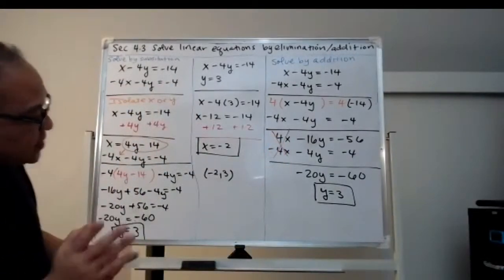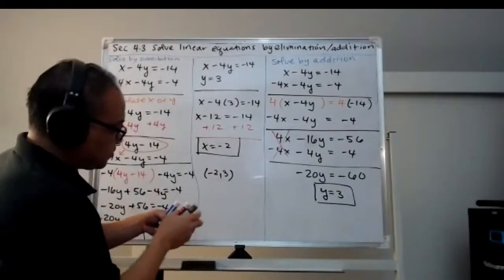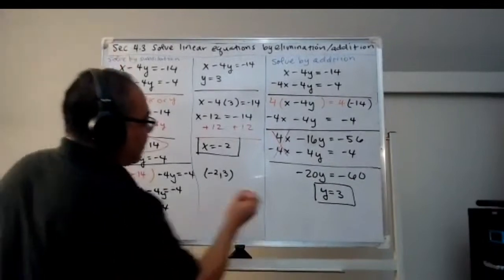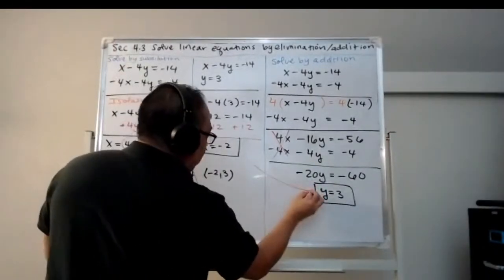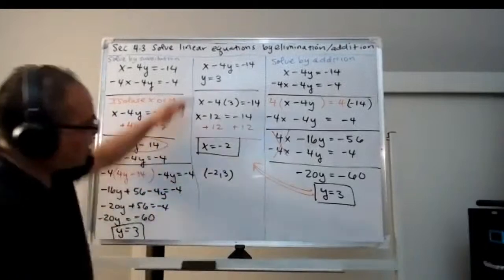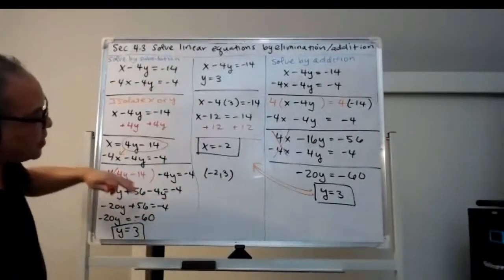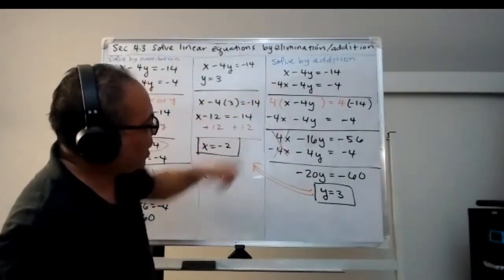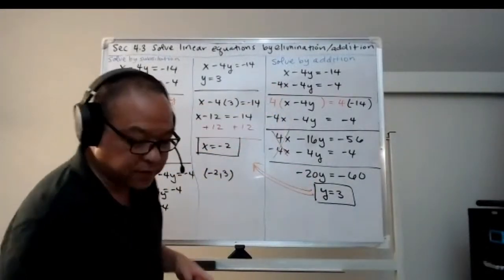Okay. Now, once you do that, you do the same thing. The way I find my x is exactly the same as what I did over here. I plug this into any equation that has 2 variables.